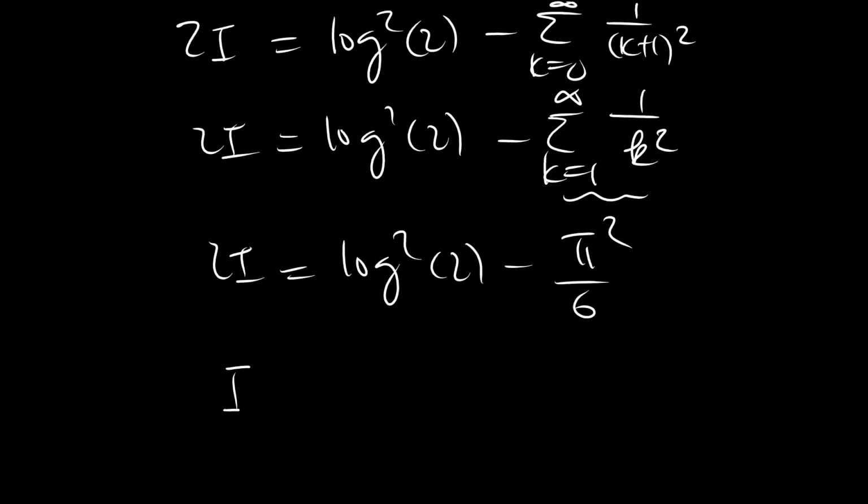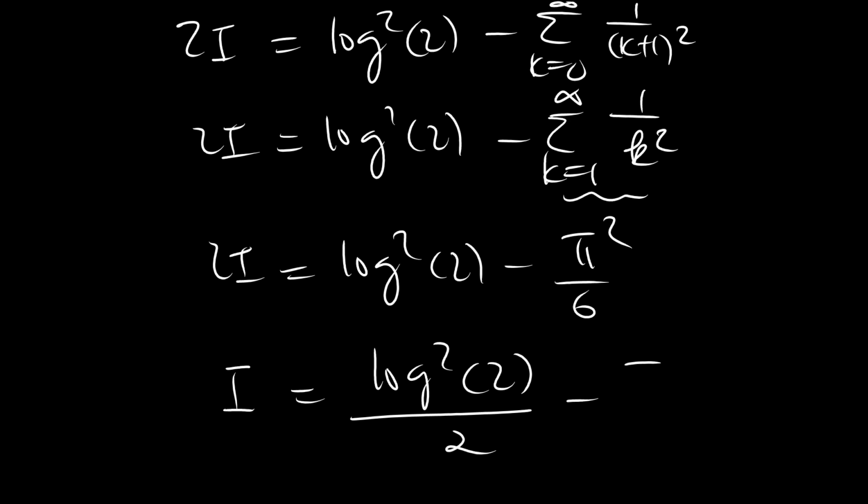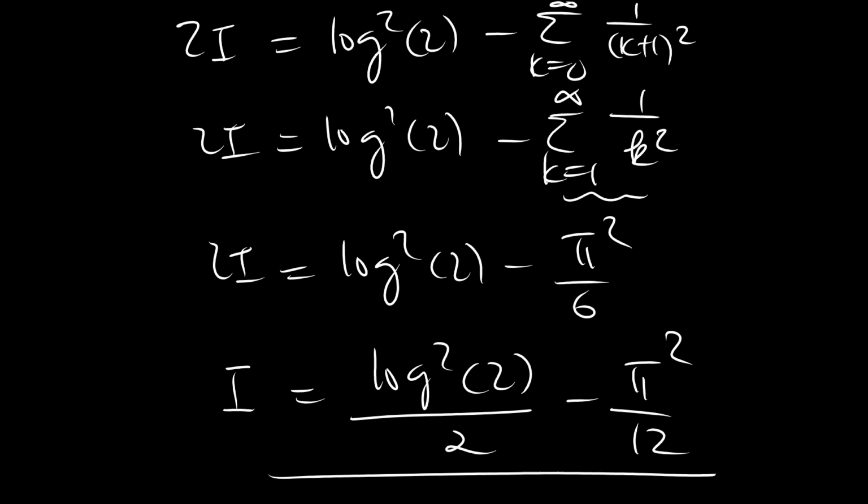Divide both sides by 2. We have log squared of 2 divided by 2 minus pi squared over 12. And that is our answer. So we can rewrite our integral solution.